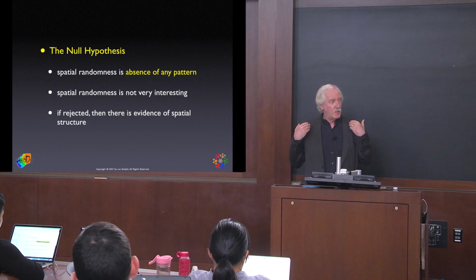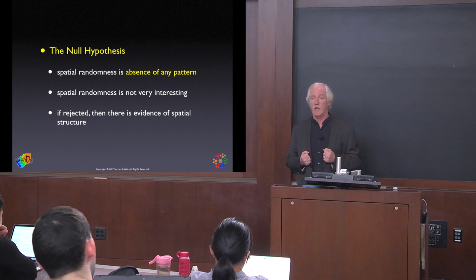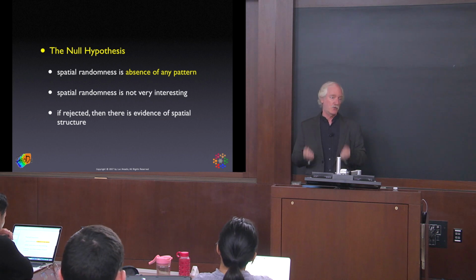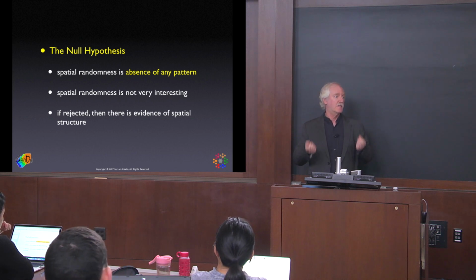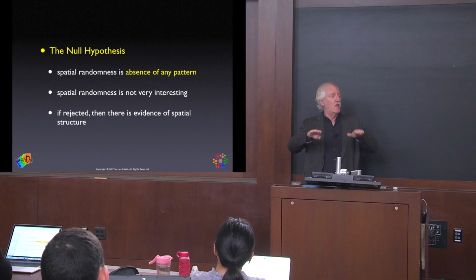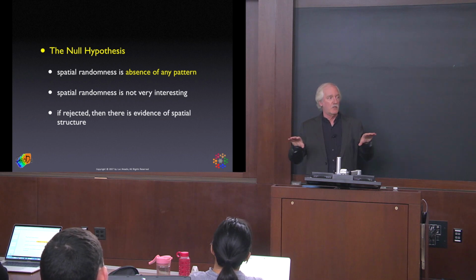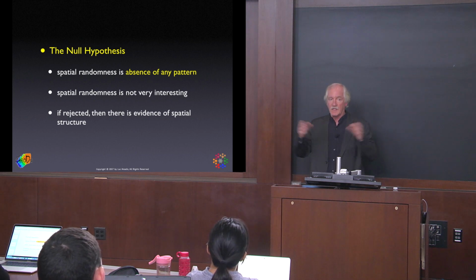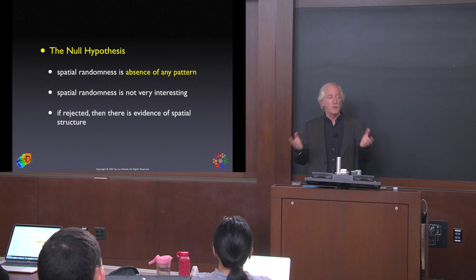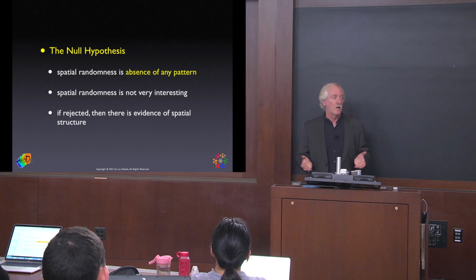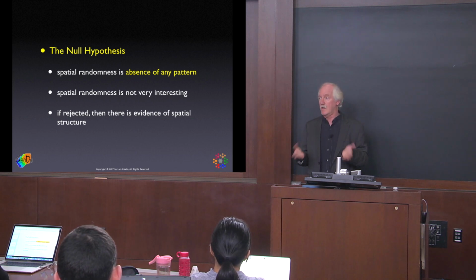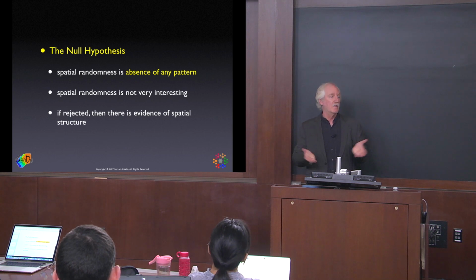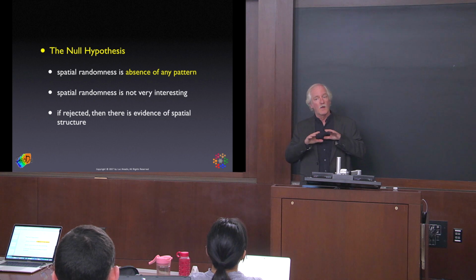So if we reject the null hypothesis of spatial randomness in a spatial regression context, we're basically in trouble, because that means that some of the basic underlying assumptions of the regression analysis, which we'll get into next week in more detail, are not valid. So what does that mean for our estimates? Are they biased? What does it mean for their standard errors? Are they off? What does it mean for our measures of fit? Are they misguided?